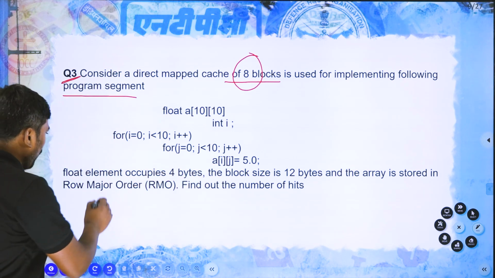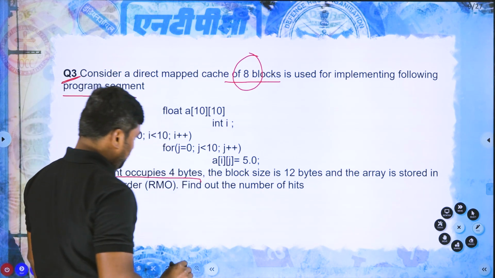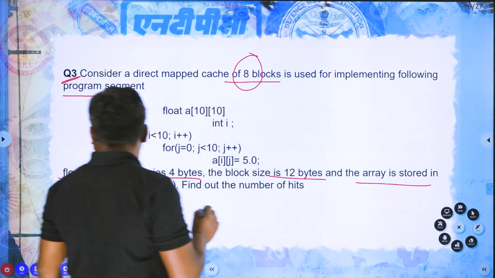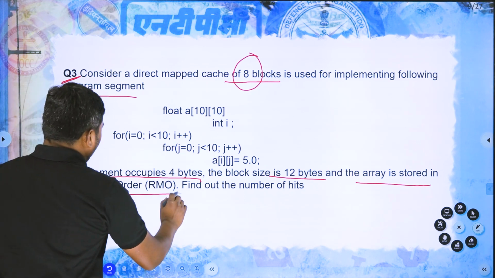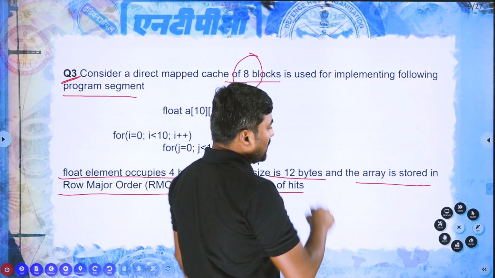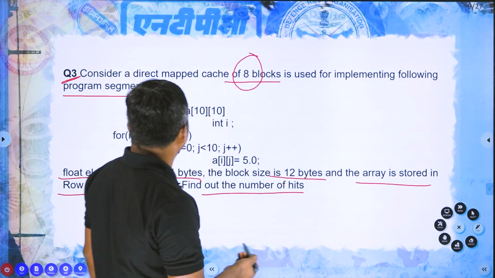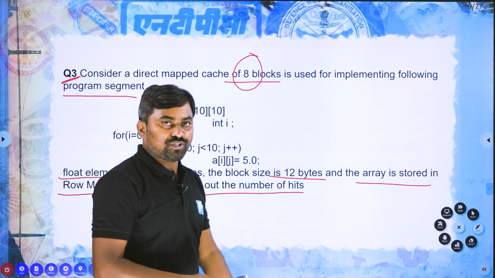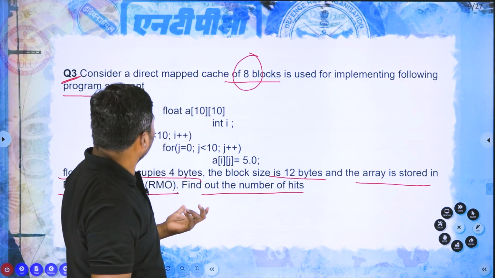A float element occupies 4 bytes, the block size is 12 bytes, and the array is stored in row major order. We must understand the meaning of row major order and find the number of hits in the cache. Also assume initially the cache is empty.